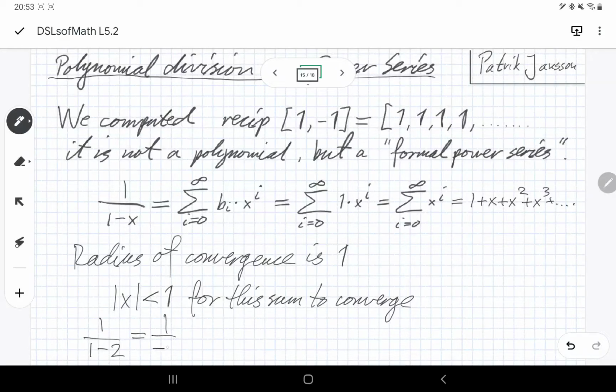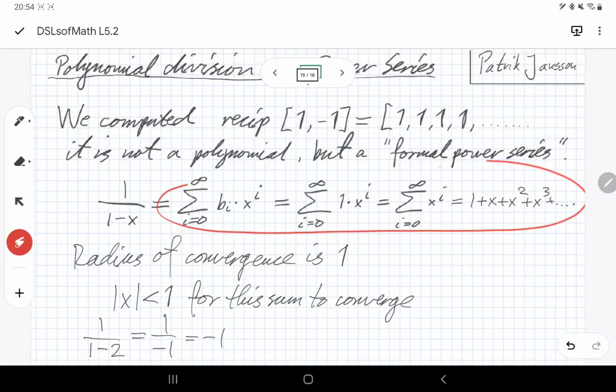Well, that's just 1 over minus 1, which is minus 1. So notice that it can very well be the case that the left-hand side is defined outside the radius of convergence. I mean, every x which is not 1 works there. But the right-hand side, this infinite sum, has this radius of convergence. So you should be careful when evaluating these things to not do it too far away from 0.